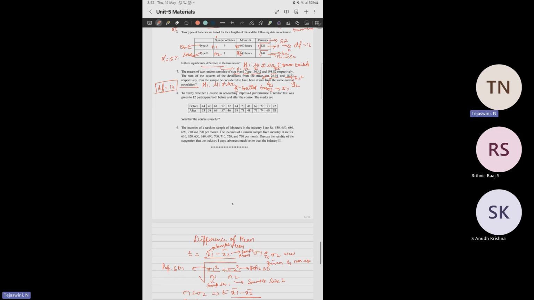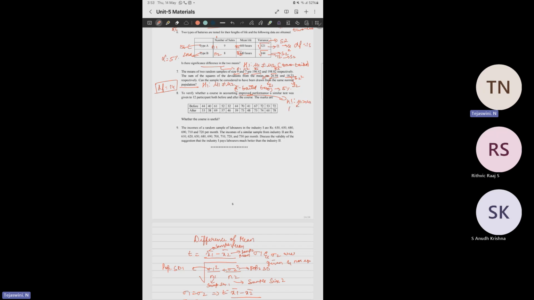The next question is to verify whether a process has improved performance, and a similar test applies. So improved means that if there is any increase, the alternative hypothesis will be mu1 greater than mu2.